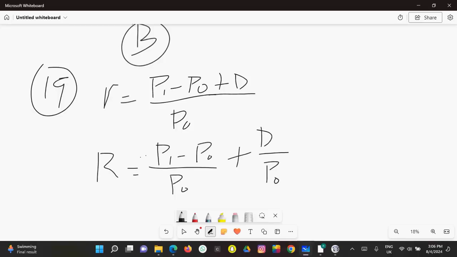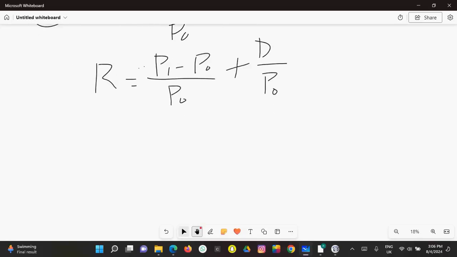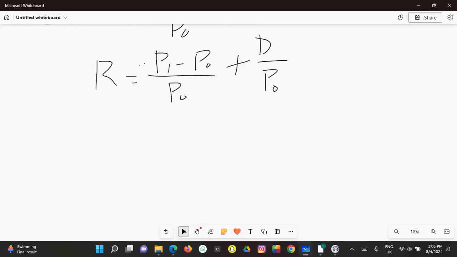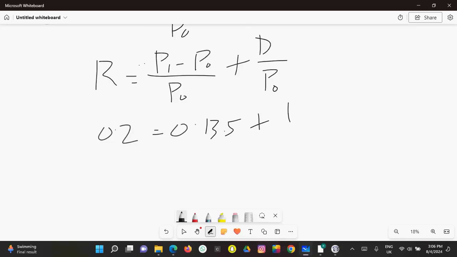Our R is here. So in the question, we were given our rate to be 0.2 and our capital yield to be 0.135, which is 13.5%, plus D over the price today, which was 35.